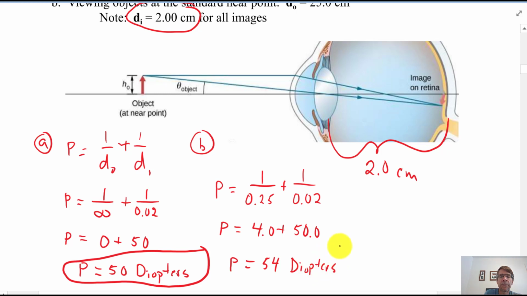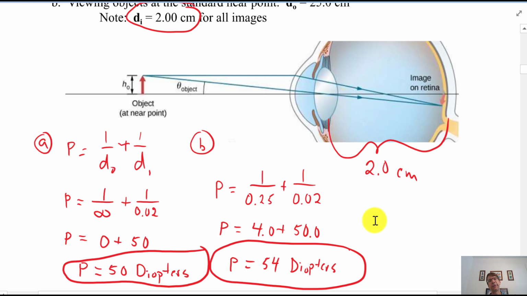So that's basically the extreme to which you would change the power of your eye by using the muscles of your eye to make the lens fatter when you're looking at something closer. If you look at these two numbers, the power increased by 4 out of 50. That's an 8% increase, an 8% accommodation.